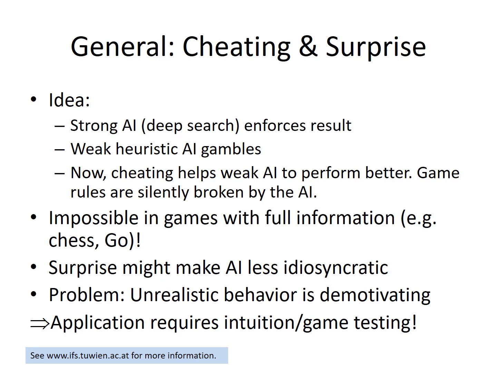You have cheating in many games, for example, in strategic games such as Civilization on the upper levels. Your algorithm might actually use information from the game model that would not be available to you the other way around. So the rules are silently broken by the artificial intelligence. With full information, that is impossible, so that depends on partial information.